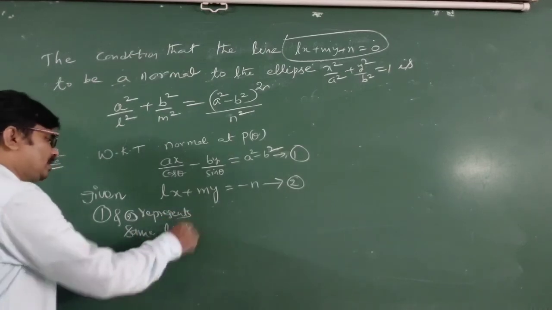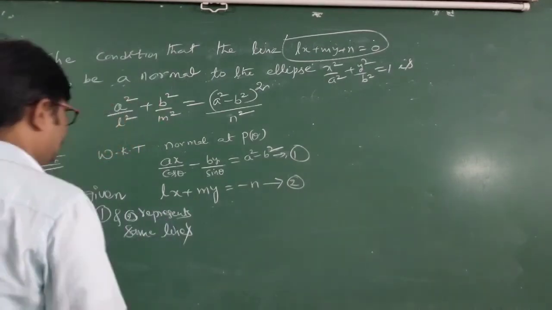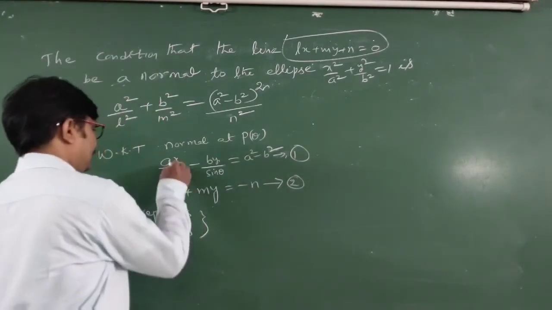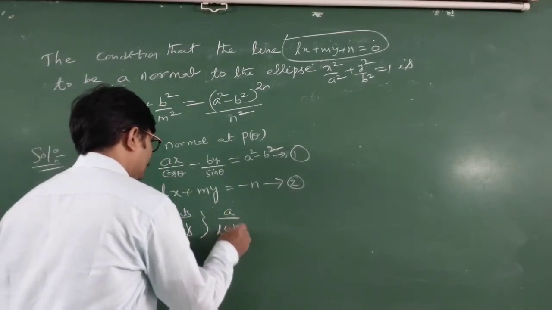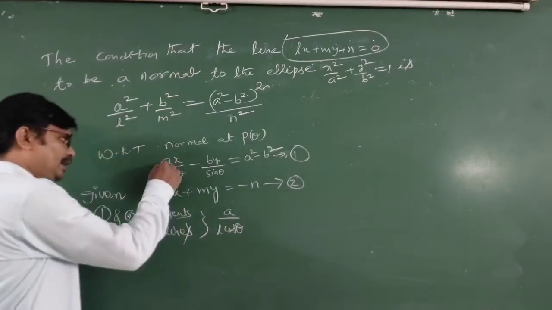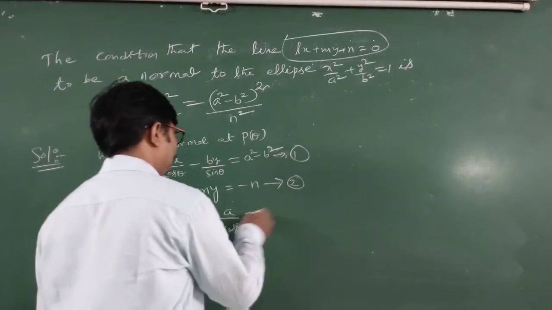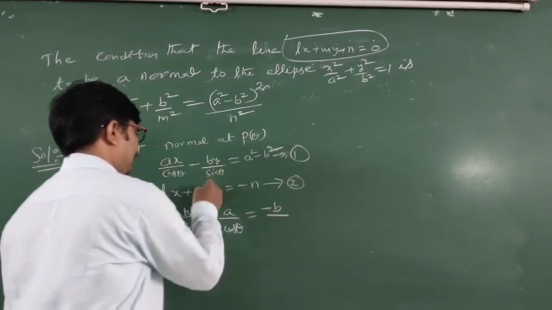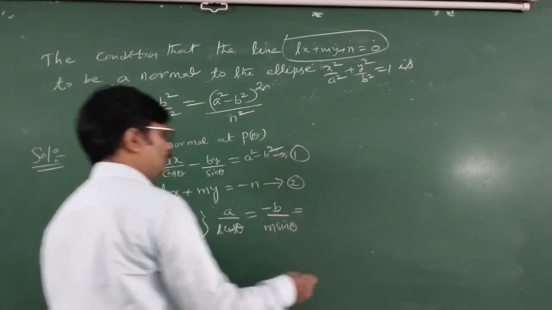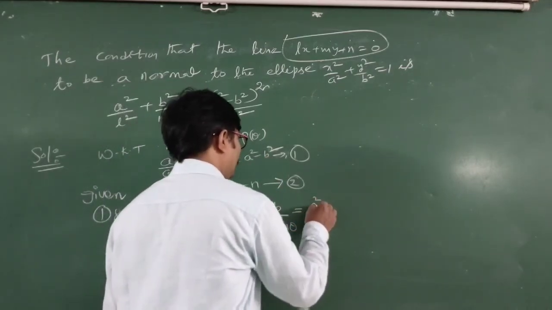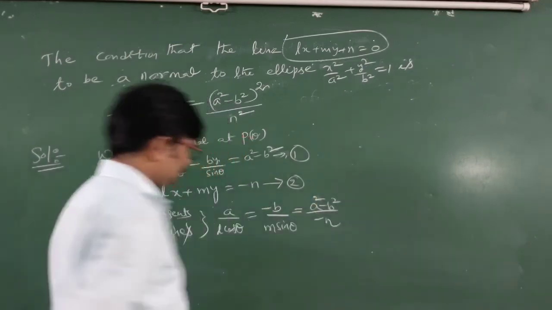When they represent the same line, we take the ratio of the coefficients. That means (a by l) cos θ minus (b by m) sin θ equal to (a² minus b²) upon minus n.